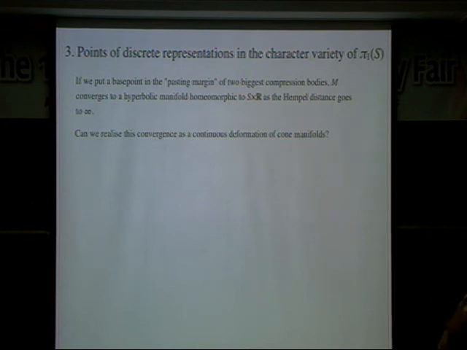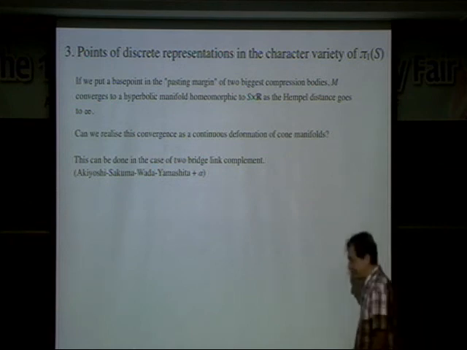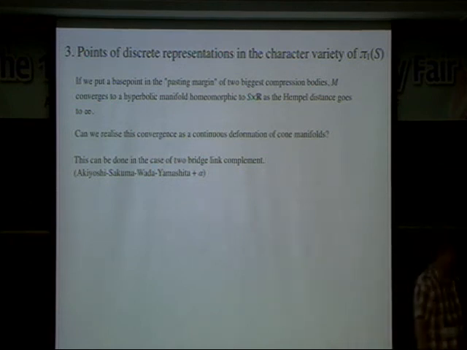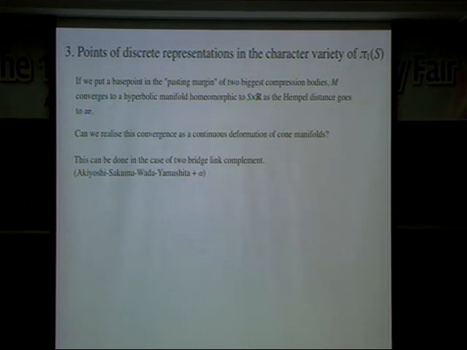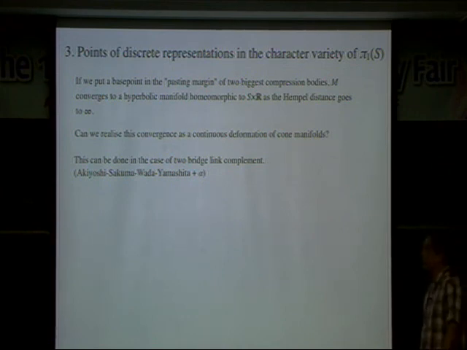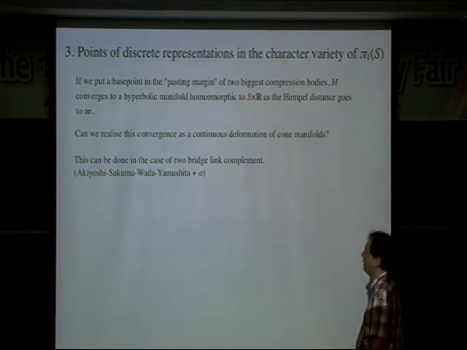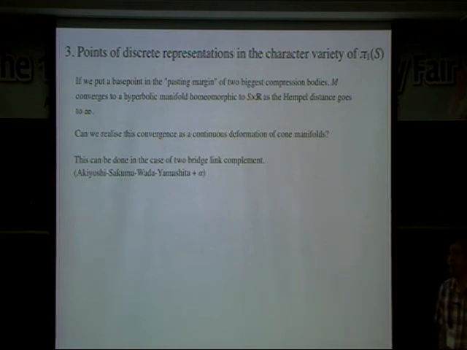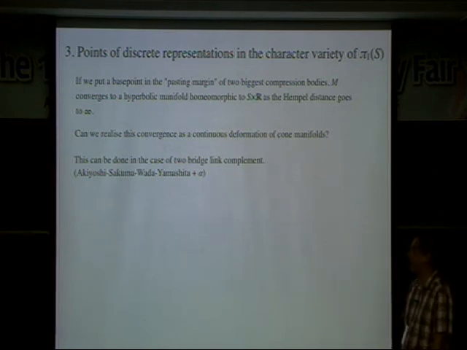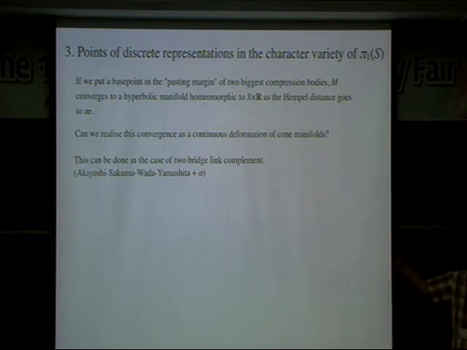Such convergence should be realized by some continuous deformation of the hyperbolic metric using cone-manifold deformation. Actually that was done in the two-bridge complement case by Akiyoshi, Sakuma, Wada, Yamashita, plus something.